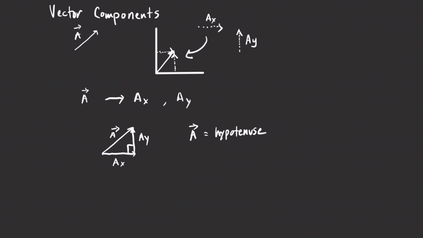So hopefully you've seen this before. So what this means, if you haven't, is sine means opposite over hypotenuse.